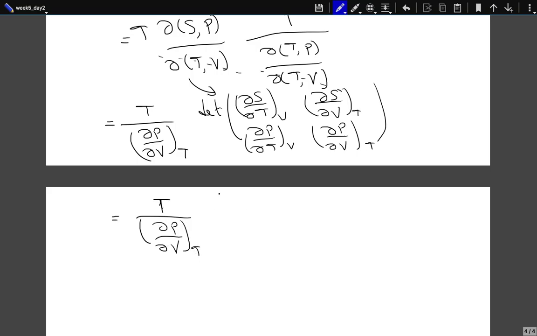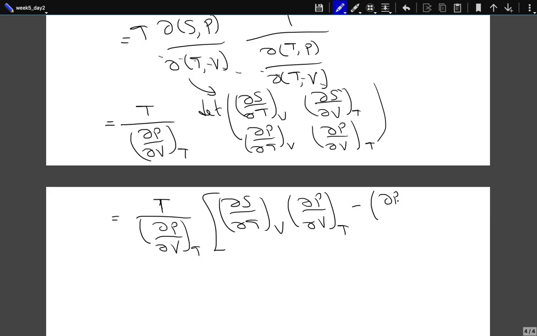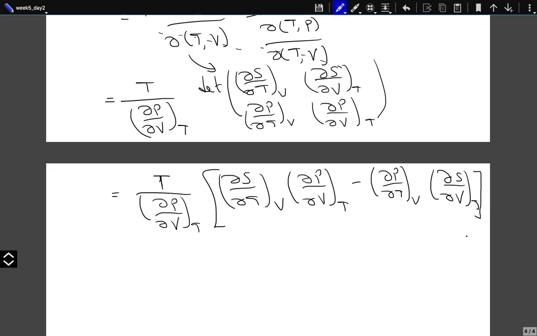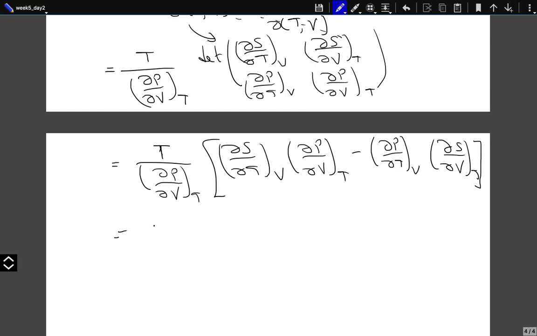And that determinant is del S by del T at constant volume, del P by del V at constant temperature, minus del P by del T at constant volume, and del S by del V at constant temperature. So Cp is equal to T times, well, in the first term, this factor and this numerator cancel.